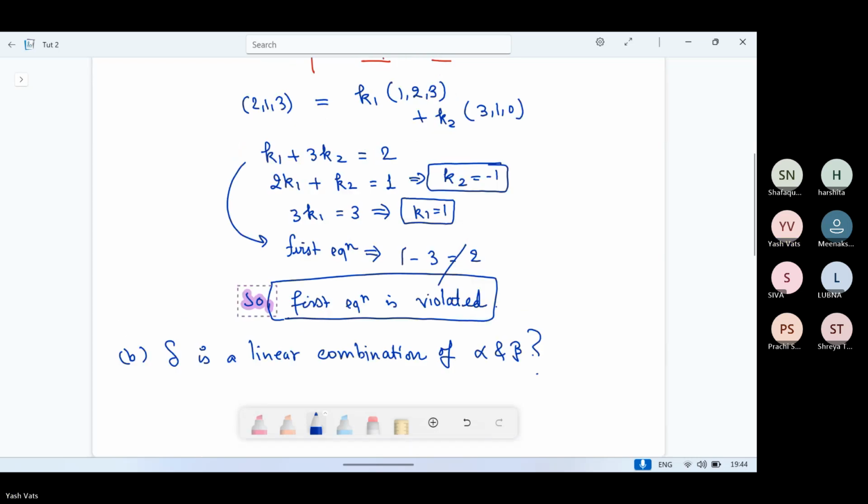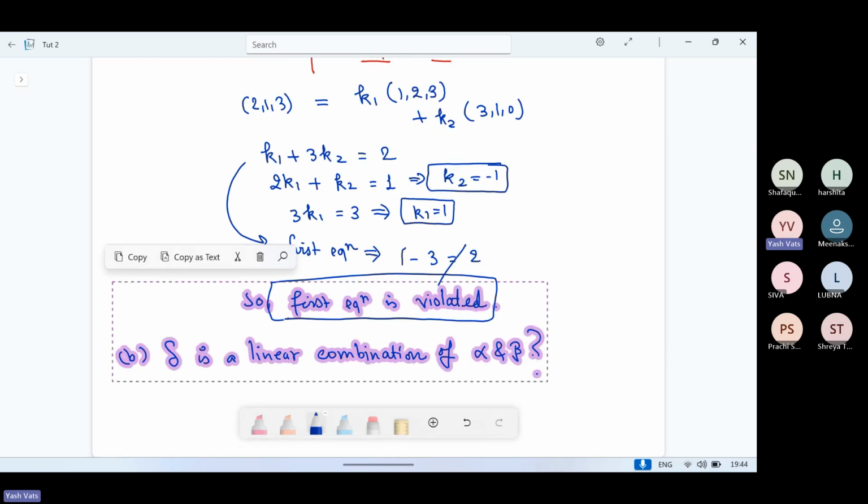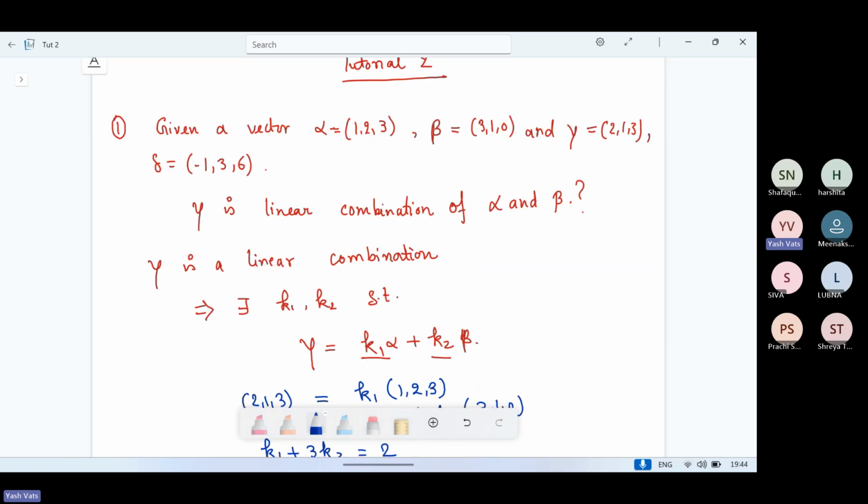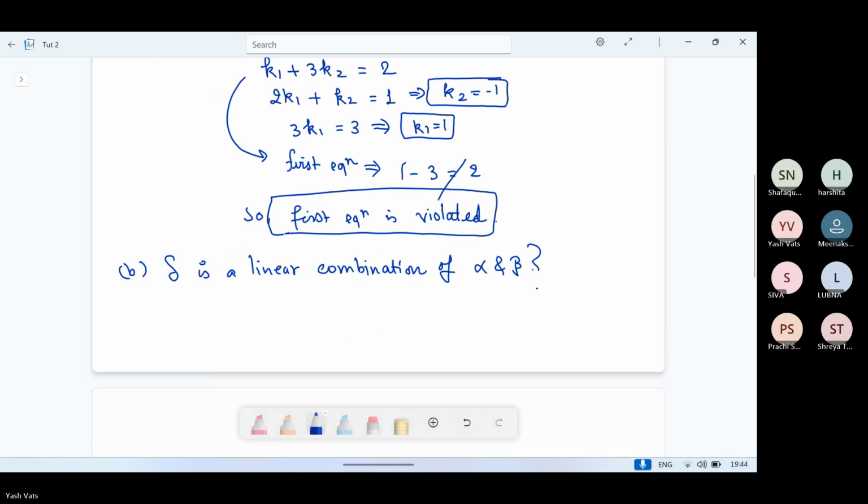Okay. So if there is any problem in this, just let me know, or similar type of things. You should understand what linear combination means, and you have already done the questions on the basis, dimension, and all. Then I move to next question. Just do the second part for some time.